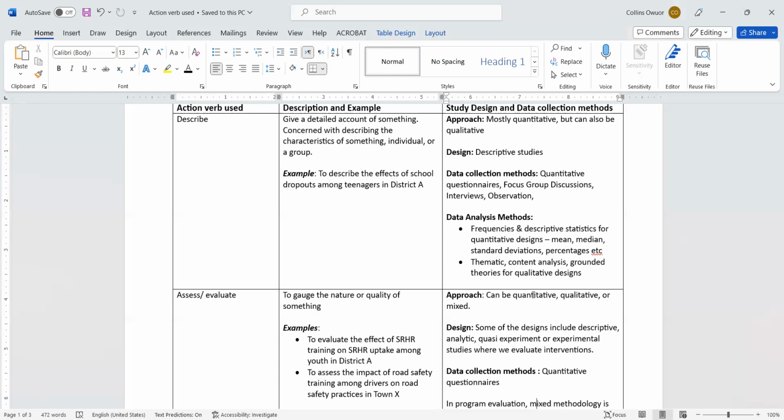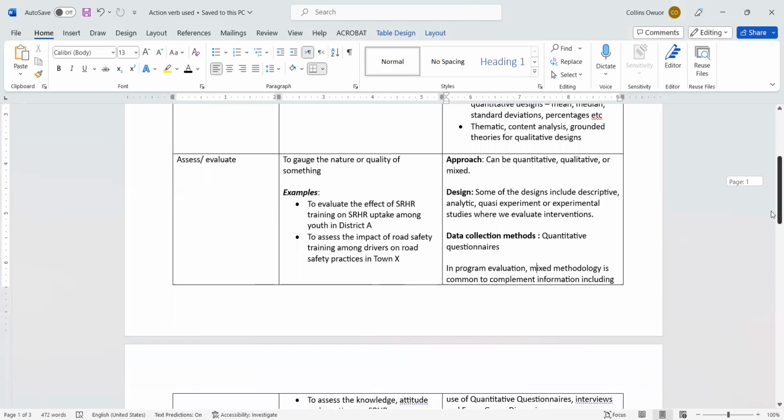Maybe you recorded an interview or a focus group discussion and you converted that by listening and writing it down. So thematic analysis tries to find the most common themes from this kind of transcriptions. We can also do content analysis, grounded theories. Those are for qualitative designs.